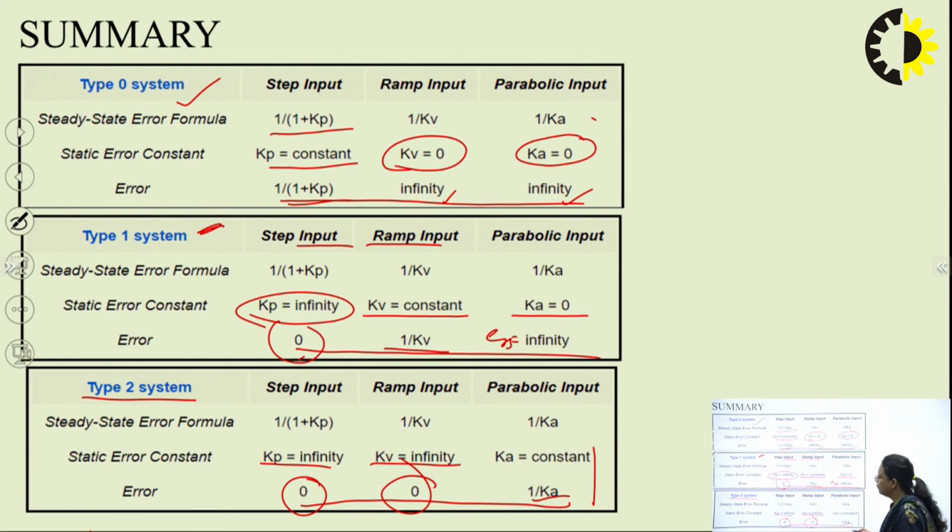But here in type 2 system, whatever input we applied, either a constant value is obtained or 0 error is obtained. Okay, so as the type of the system is improving, the error is improved. That means we are getting the reduced error for any input.